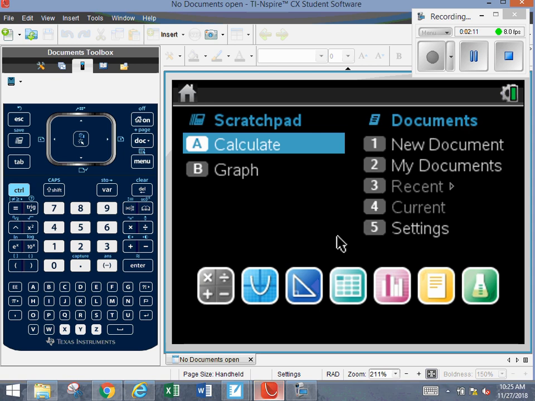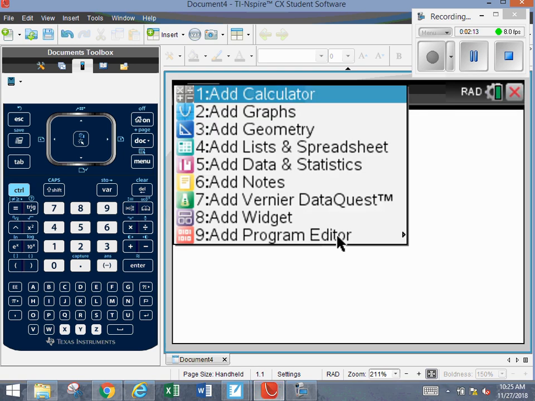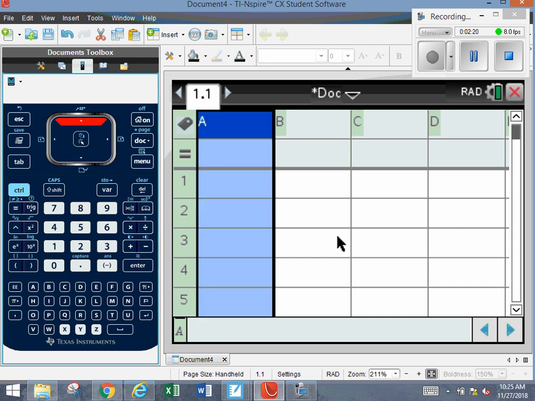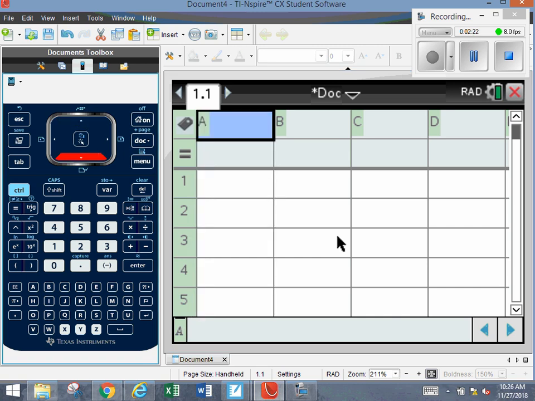And I'm going to make a new document. In that document, I'm going to add a list and spreadsheet. I'm going to go ahead and call this column X. And I'll call this one PX. It's probability of X or P of X, but your calculator will not like that. If you put P parentheses X, it's going to freak out.